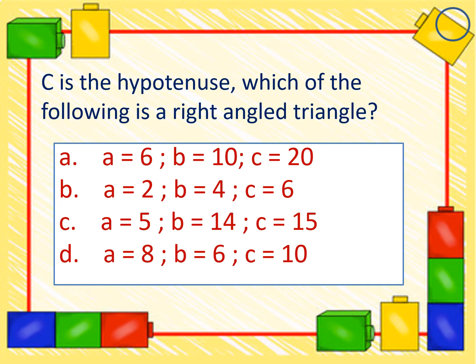C, a equals 5, b equals 14, c equals 15. And D, a equals 8, b equals 6, c equals 10. What is your answer? Which of the following has the perfect right-angled triangle? Answer A, B, C, or D. The final answer is... Oh, it's D. That is the perfect right-angled triangle.